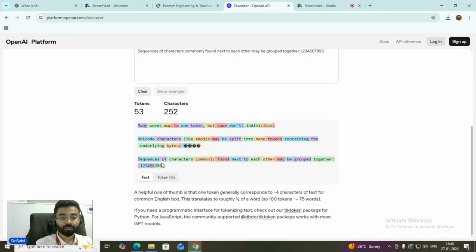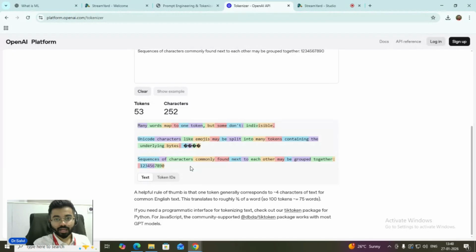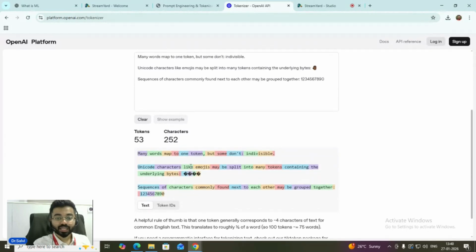So this is how the mapping of tokens looks like over here, right? And the color scheme that it has used is exactly to map the similarity and its understanding about each and every aspect, and keep them under similar categories or similar buckets. The count of characters is 252.